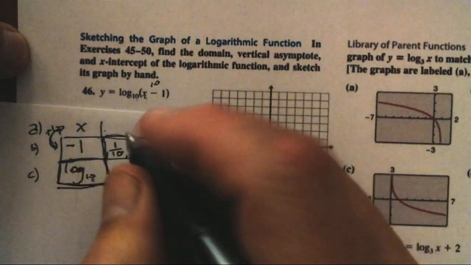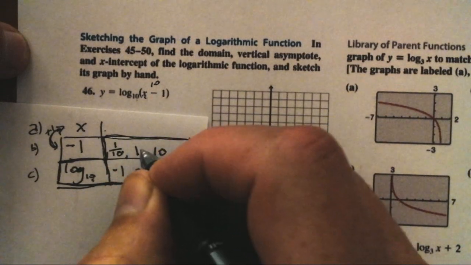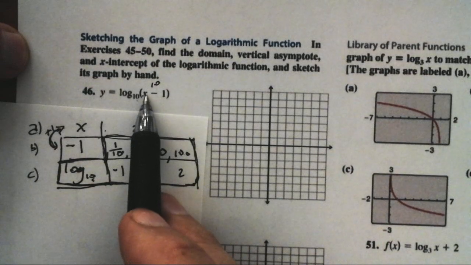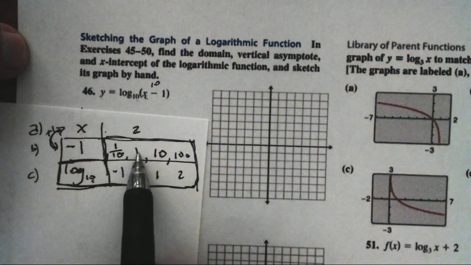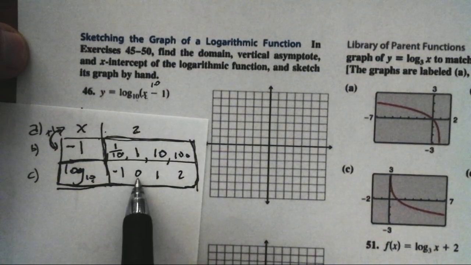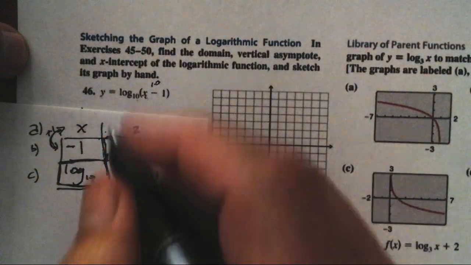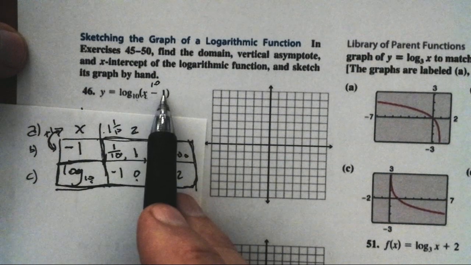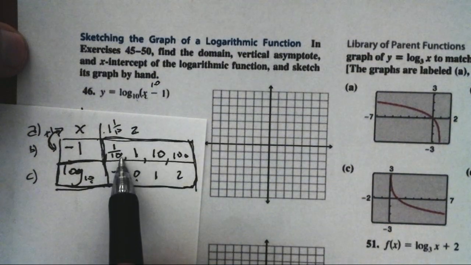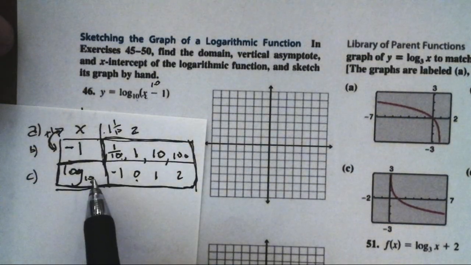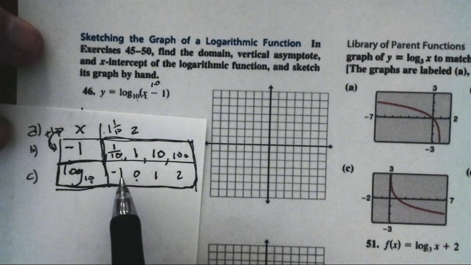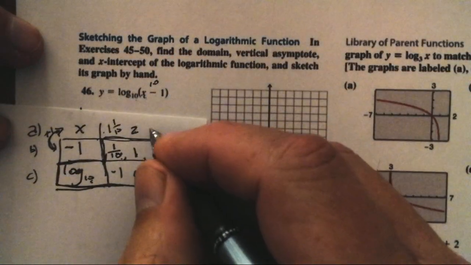In other words, I'll do this one first, I have to have 2. 1 plus 1 is 2. If I put 2 in here, I get 1, and finding the log base 10 of it is easy. Add 1: 1 and 1/10. A little weird. 1 and 1/10 minus 1 is 1/10. Oh, I love 1/10 in log base 10 because the exponent that turns 10 into 1/10 is just -1.